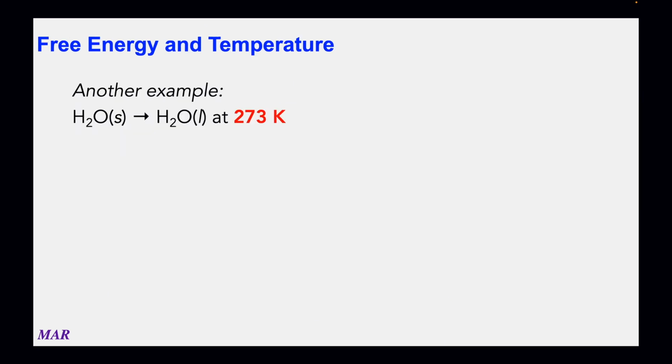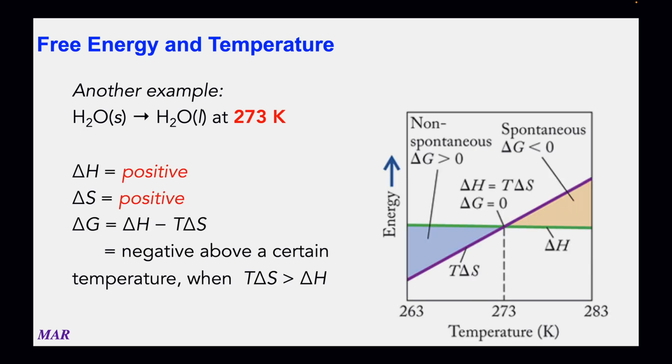Here's an example of ice going to liquid water, and we're going to figure it out at 273 Kelvin. Well, delta H, if you figure out this transformation, is a positive number, and delta S is a positive number. So delta H equals T delta S, and delta G is negative above a certain temperature, and it's positive below a certain temperature. So if you want your ice to melt, the water has to be, of course, above freezing, which would be above 0 Celsius, above 273 Kelvin.